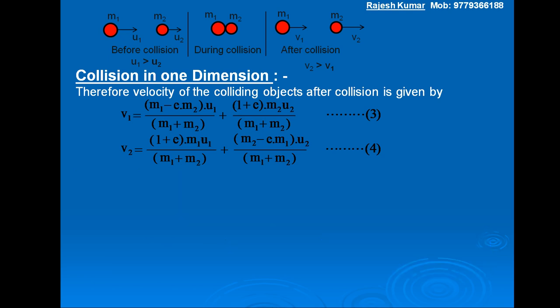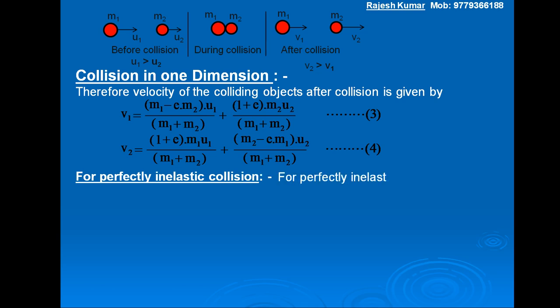Now the second case, for a perfectly inelastic collision, e is equal to 0, that is, the coefficient of restitution is equal to 0.